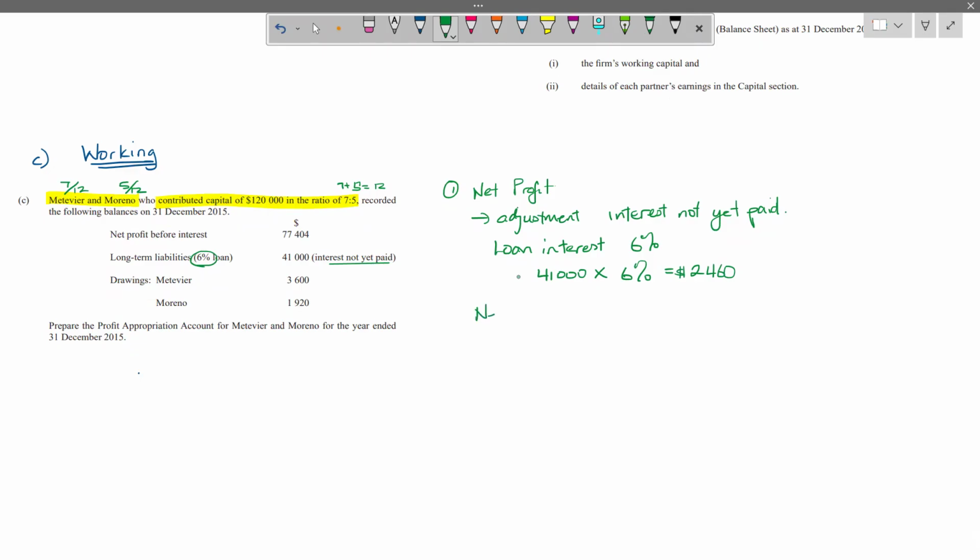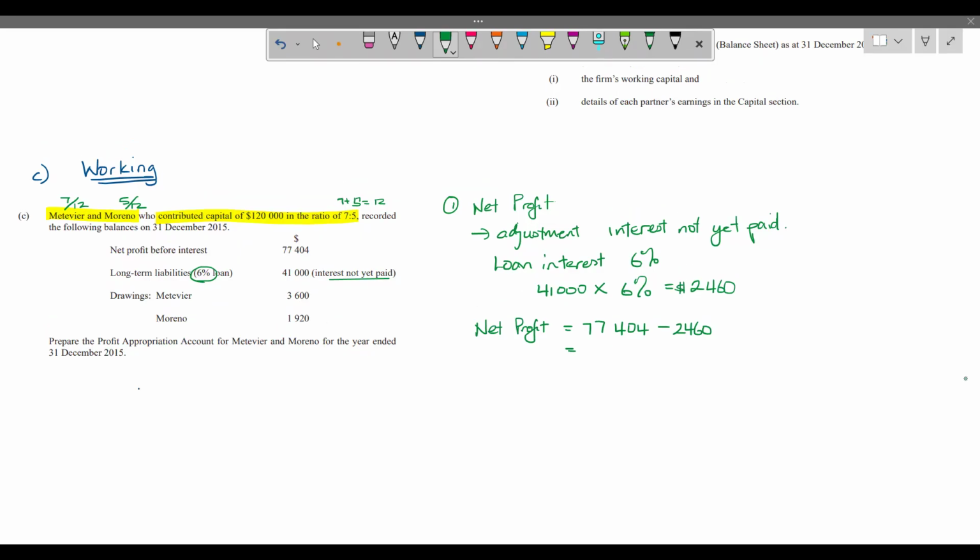So the net profit has to be $77,404 minus the 2,460. That works out to be $74,944.